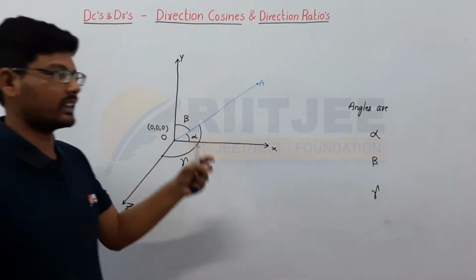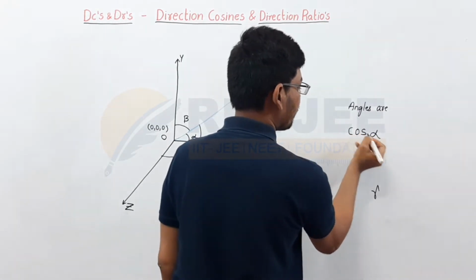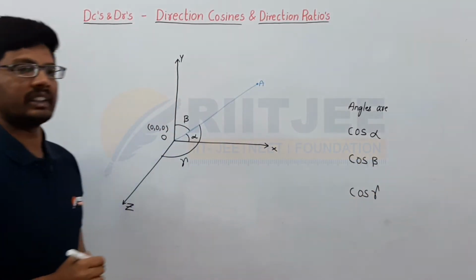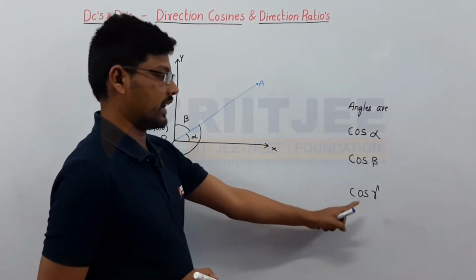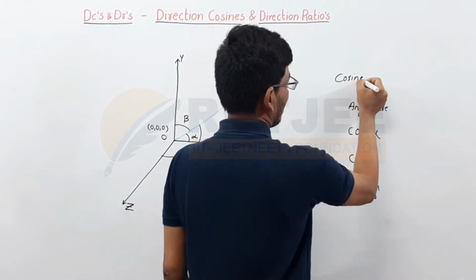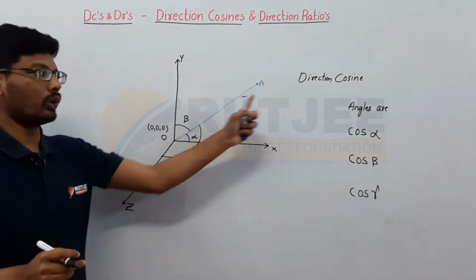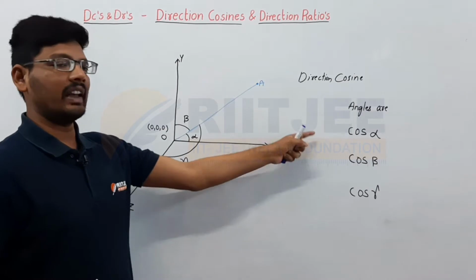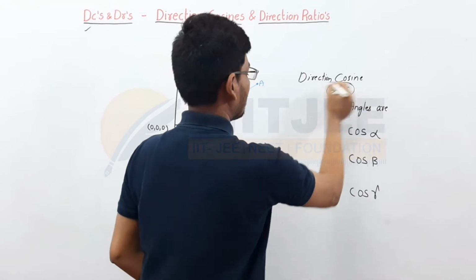So if you want to find the cosines, here cos alpha, cos beta, cos gamma are the cosines. These cos alpha, cos beta and cos gamma are nothing but the direction cosines, the DCs, of the line OA.